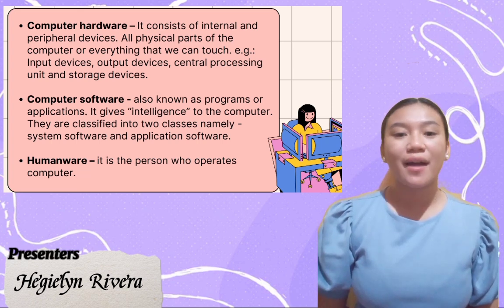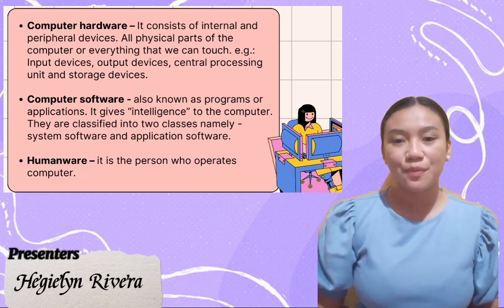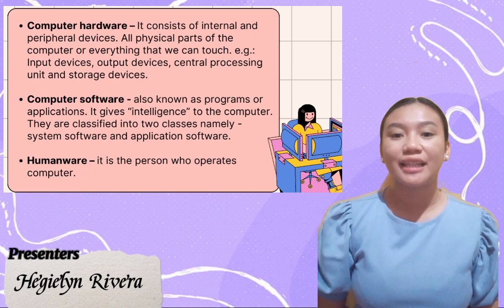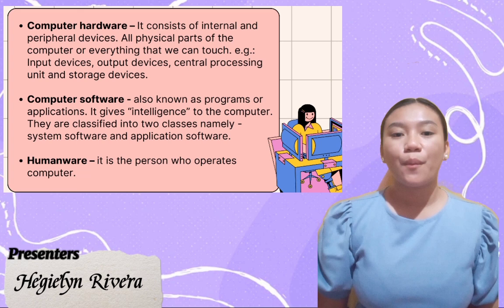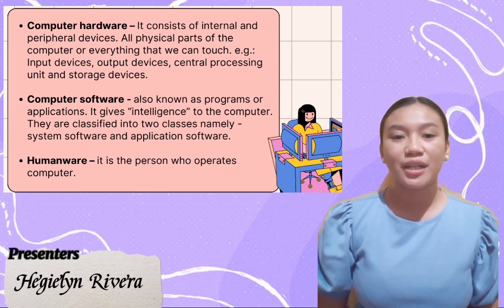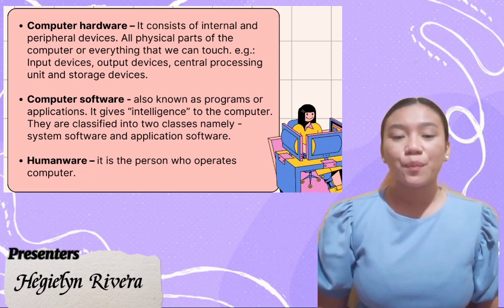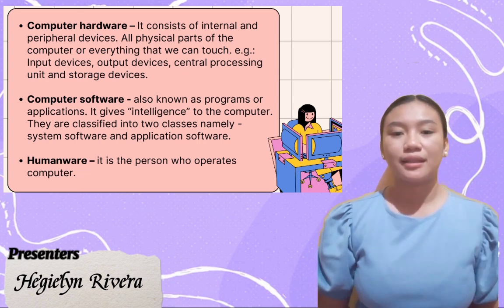So, ito yung mga bagay na tangible. When we say tangible, ito yung mga bagay na ating nahahawakan. For example, laptop, cellphone, keyboard, monitor, central processing unit, mouse, joystick, at marami pang iba. So, using these devices, we control computer operations like input and output.